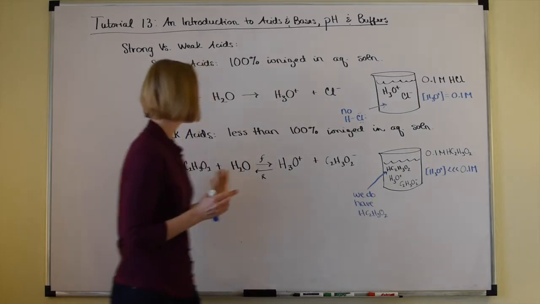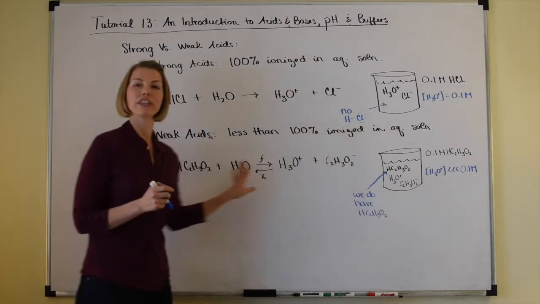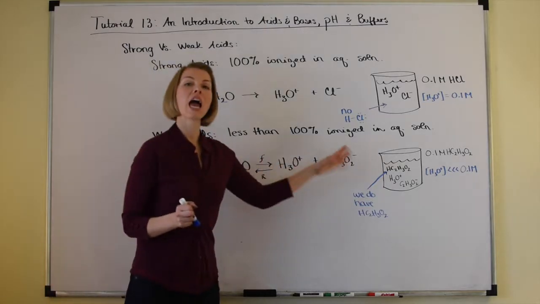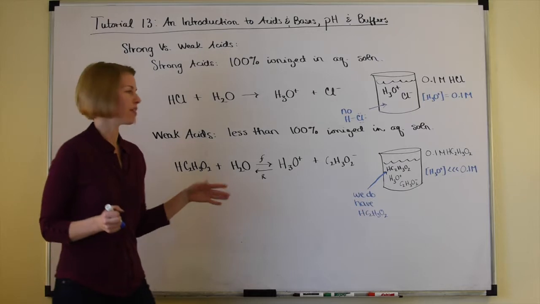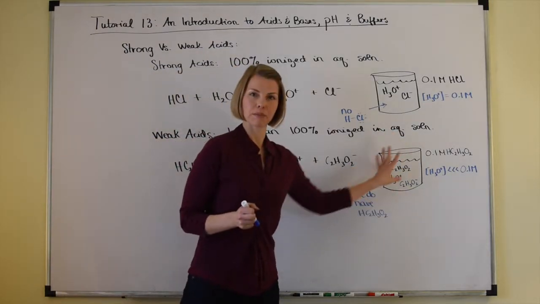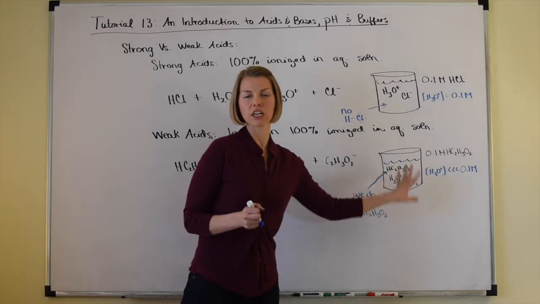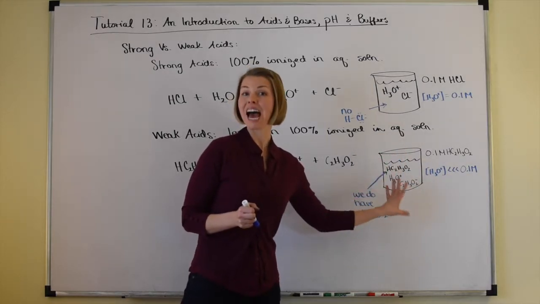All right, so some interesting things going on with this weak acid. Let's take a look here. We said we have a forward and a reverse reaction, and that we have an equilibrium reached where we have both reactants and products present in our solution of that weak acid.